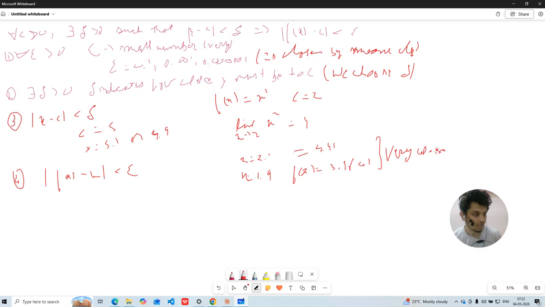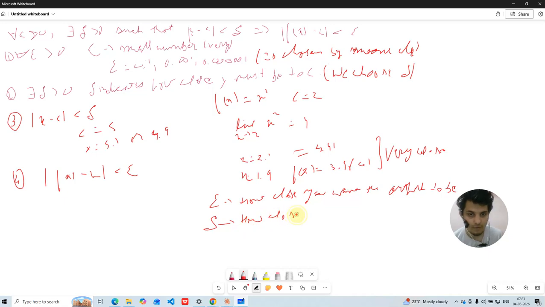Final integration: epsilon is how close you want the output to be, and delta is how close you must take the input.